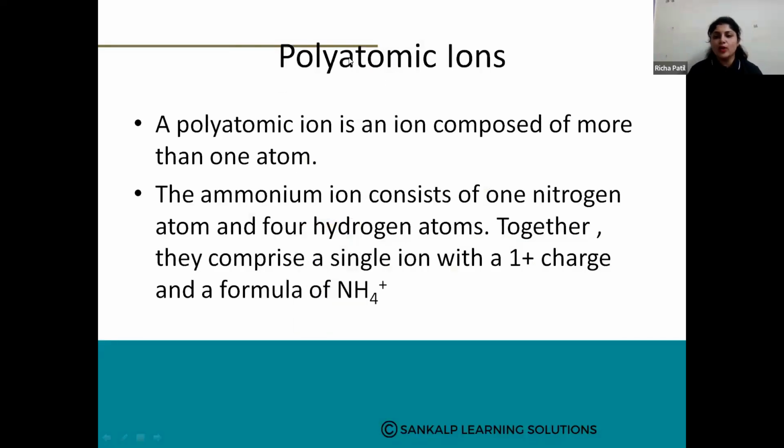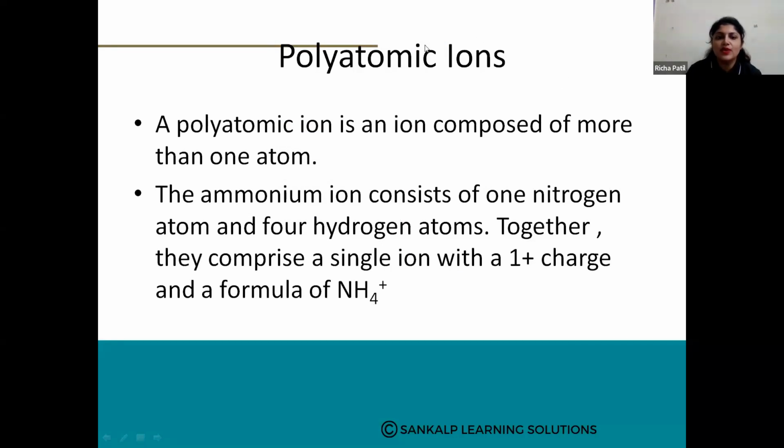Then what are polyatomic ions? What do you mean by polyatomic ions? It is an ion which is composed of more than one atom. So whenever there is more than one atom, it is called a polyatomic ion. The ammonium ion consists of one nitrogen atom.